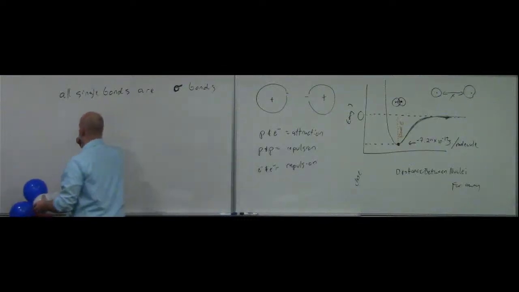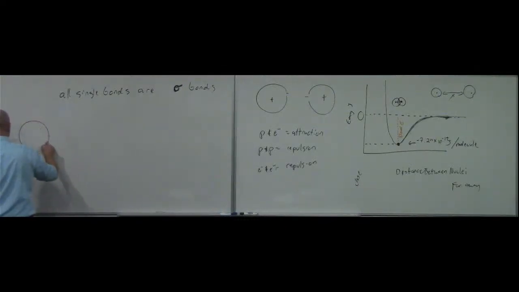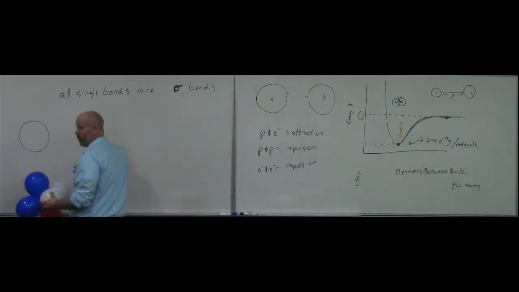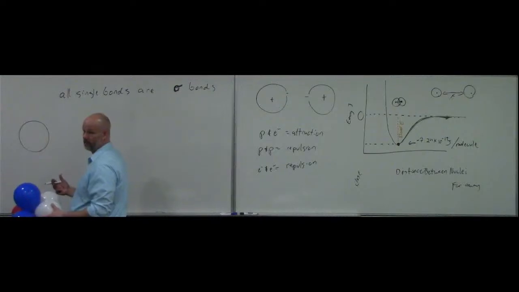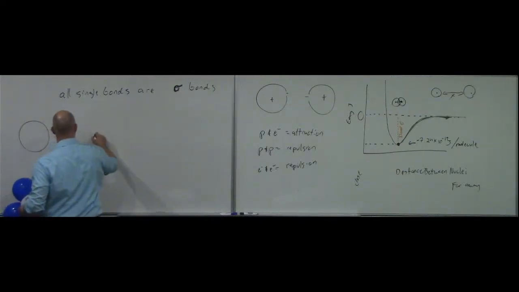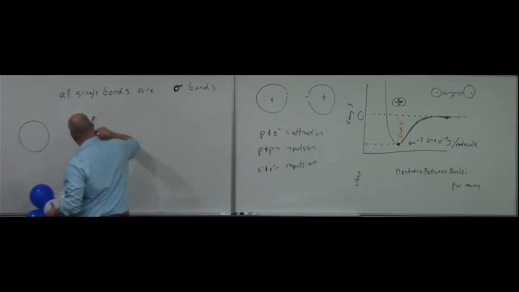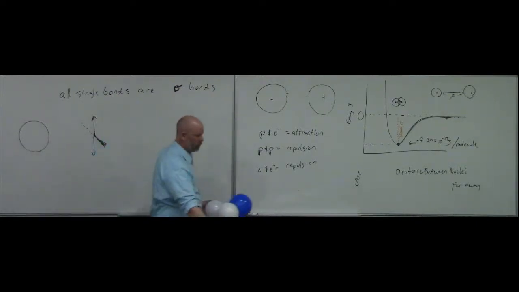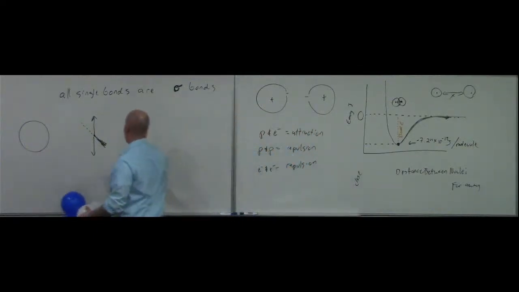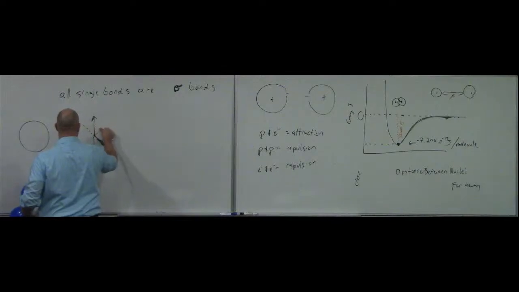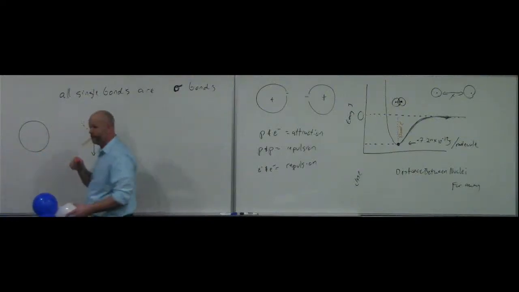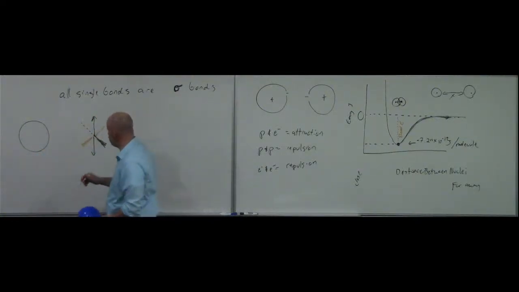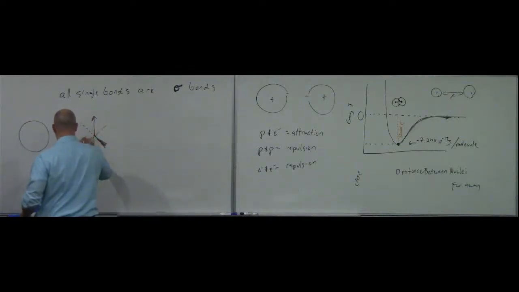So an s orbital has a spherical shape, right? But a p orbital, you have 3 p orbitals, right? And so one of those p orbitals is in this plane. One of those orbitals is in this plane. And one of those orbitals is in this plane. Right? Okay. And of course the shapes of these, they're actually dumbbell shaped, right?